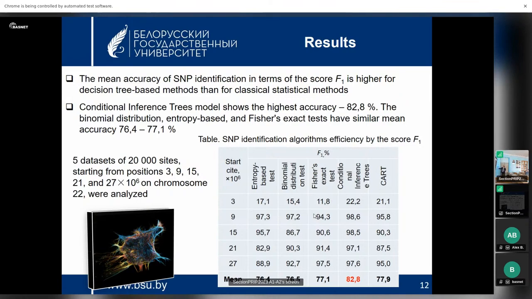But the best estimate we obtained was 82.8, nearly 5% higher in accuracy than the traditional methods. The kappa rate is also high, but not that significant. So it means that our simulation model helps to improve the accuracy of SNP identification compared with classical or traditional algorithms.